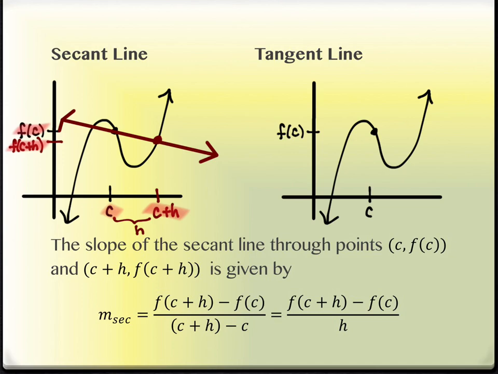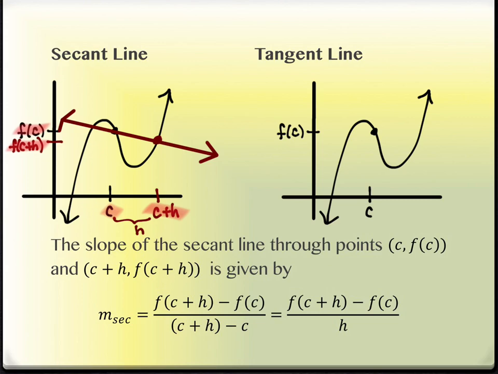And you can consolidate the denominator, right? C plus h minus c would leave you with just h. And the slope of the secant line would be f of c plus h minus f of c over h. In other words, you find the difference between the y values, you divide it by h because that's the difference between the x values. This is the slope of a secant line. You've been doing slopes since Algebra 1.